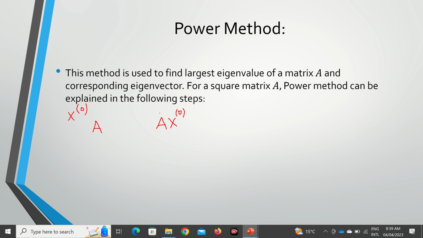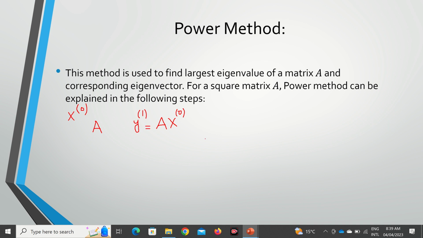Otherwise, multiplication is not possible. And that's obvious. So once you multiply A with x0, you will get another vector. And we label that vector as, let's suppose, y1.